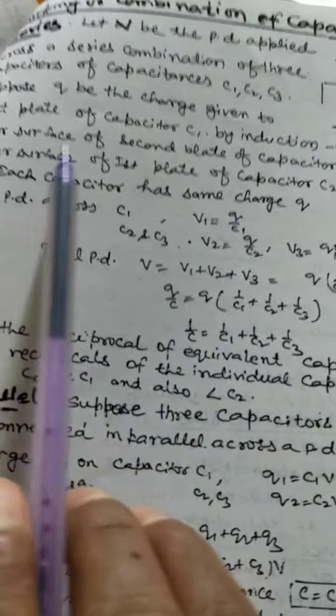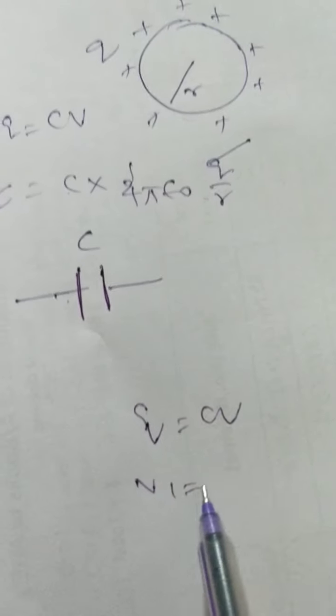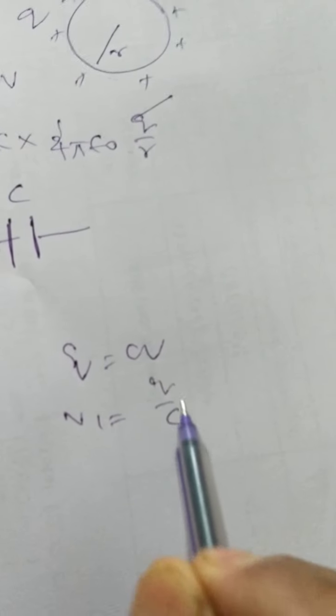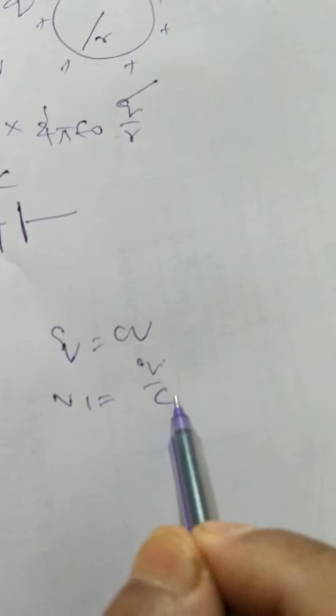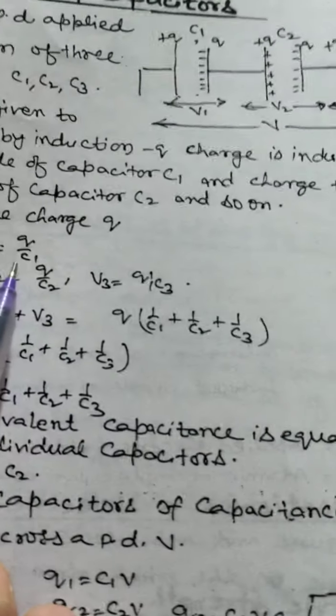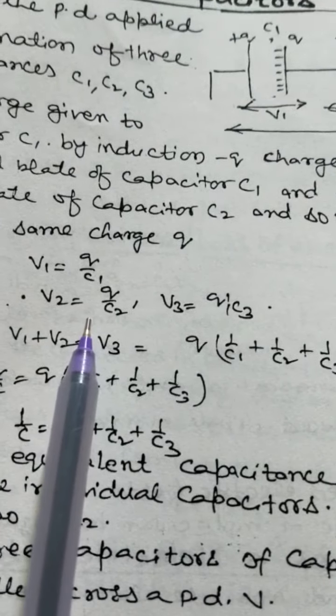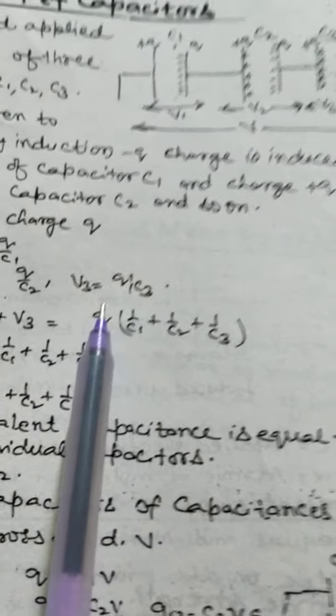We know the formula Q is equal to CV, so V is equal to Q by C. For the first capacitor, the potential difference across C1 is Q by C1. For the second, V2 is Q by C2, and V3 is Q by C3.